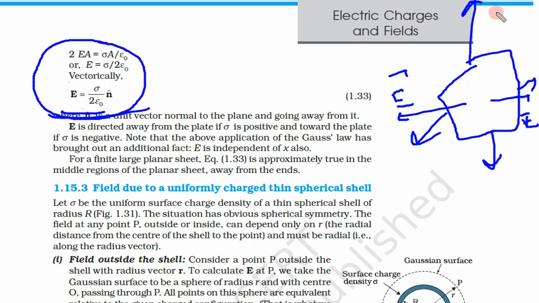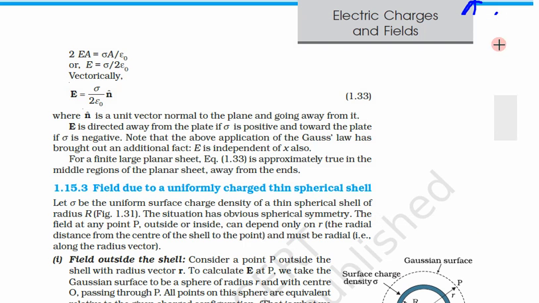In these other directions there was no electric field. Hence we found that flux is EA on the minus X side, EA on the positive X side, 2EA. Surface charge density was sigma, the area element we took was A, so the charge is sigma A upon epsilon naught, and we got E is equal to sigma upon 2 epsilon naught.